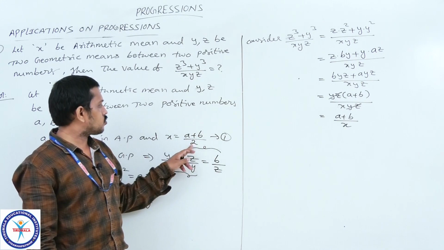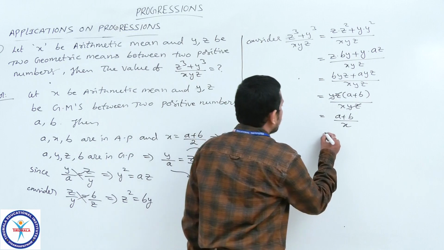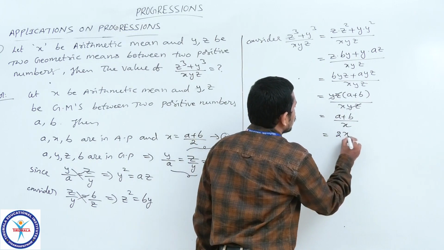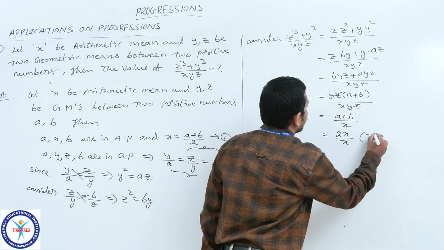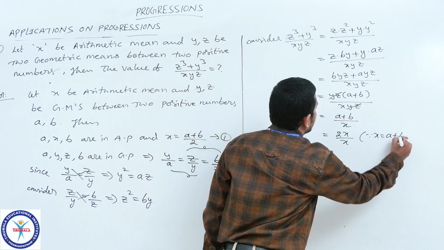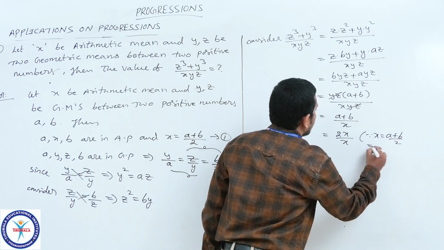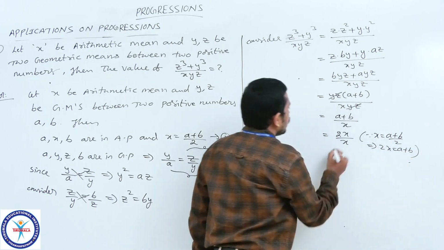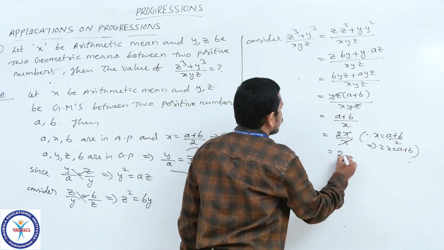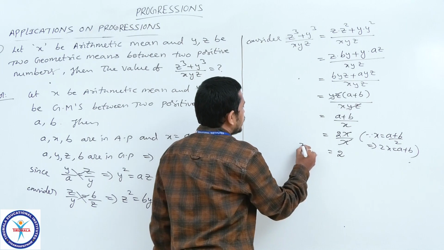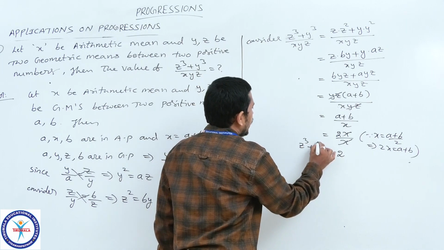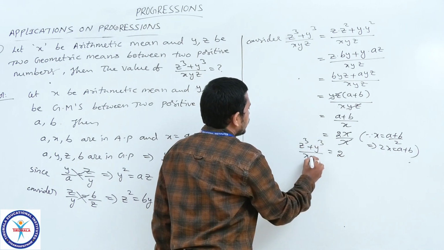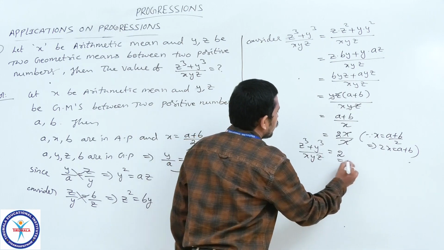From this a plus b is equal to 2x. So replace a plus b by 2x, 2x by x, since x is equal to (a plus b) by 2 implies 2x is equal to a plus b. So here x cancels. So therefore (z cube plus y cube) by xyz is equal to 2.